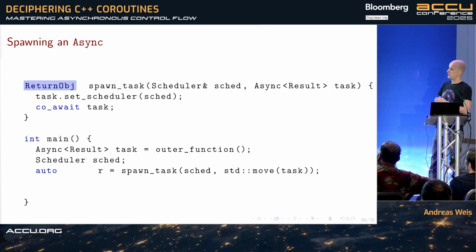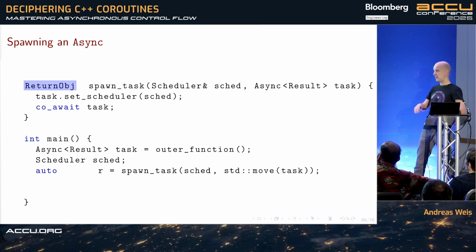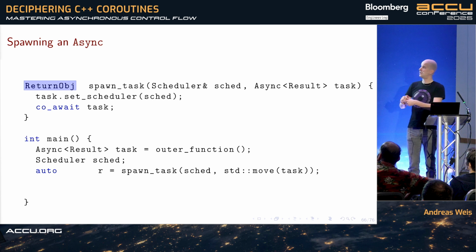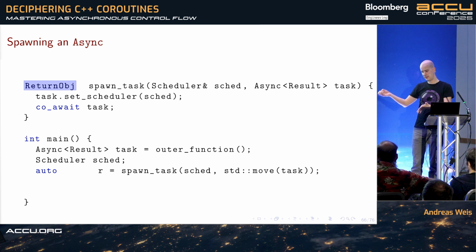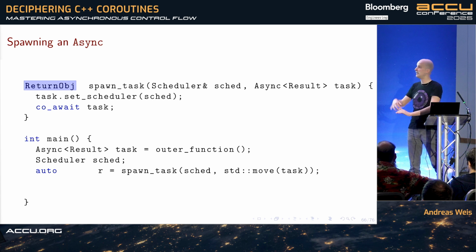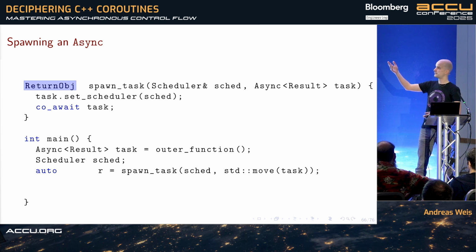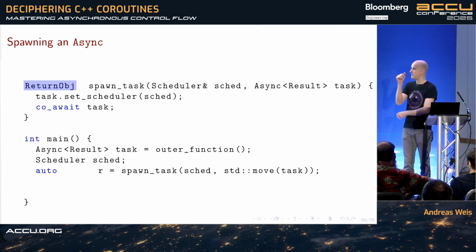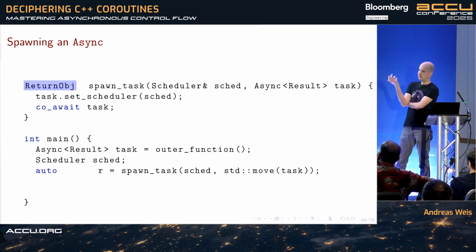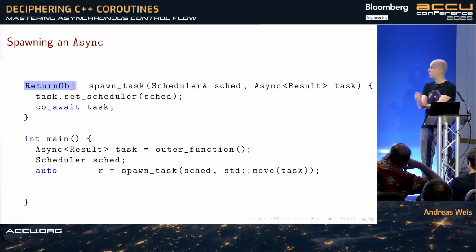And then to propagate that context down, in particular to propagate the handle that the inner coroutine will resume when it's completed, I need to call co-await on it. And that's really the only thing that I need to do to spawn it.